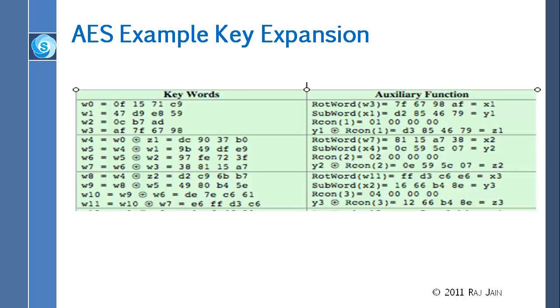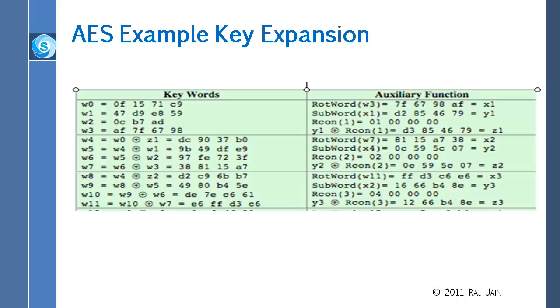Anyway, if you have 4 bytes in every word, then you rotate the words. Let's just follow this step. All other words are calculated by exclusive OR except for the W4. So W3 is rotated and then substituted, and you exclusive OR these 2.